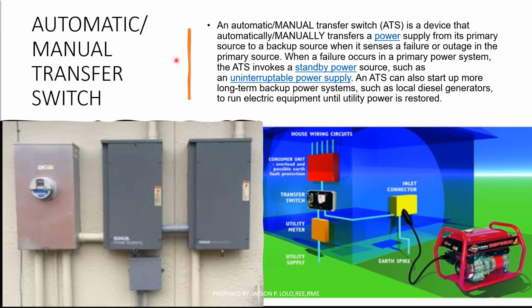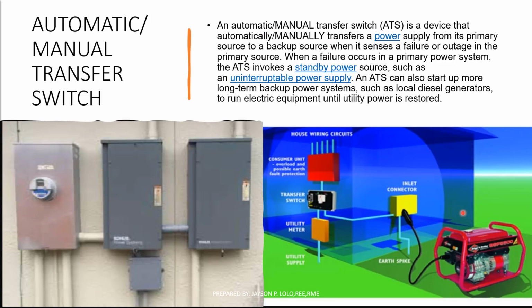Aside from the transformers, commercial buildings need an automatic or manual transfer switch. A transfer switch is a device that automatically or manually transfers a power supply from its primary source to a backup source. Remember that the backup source in the industry is the generator.